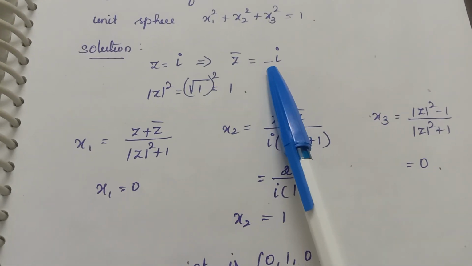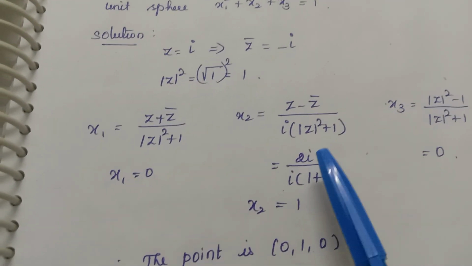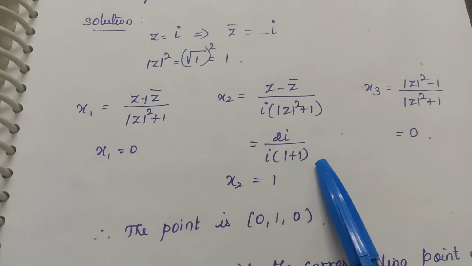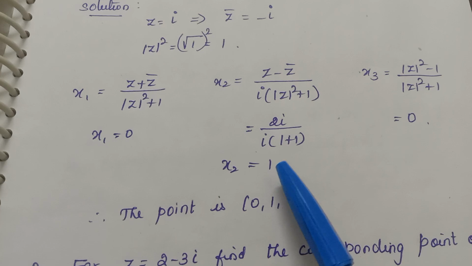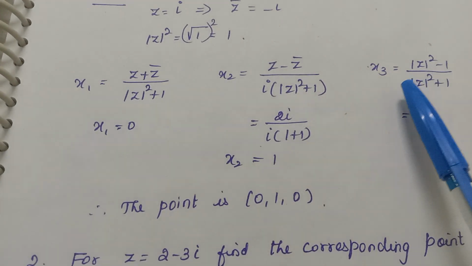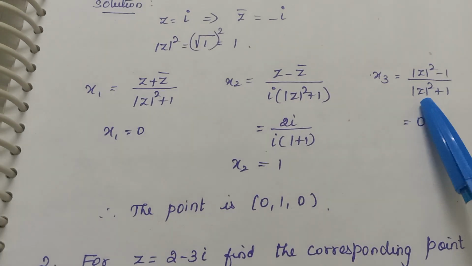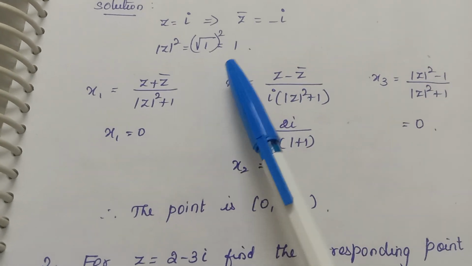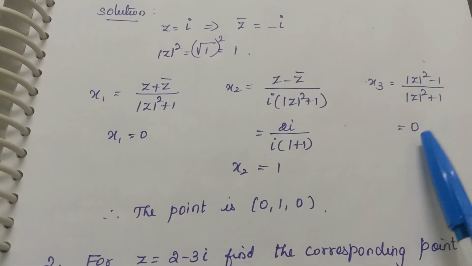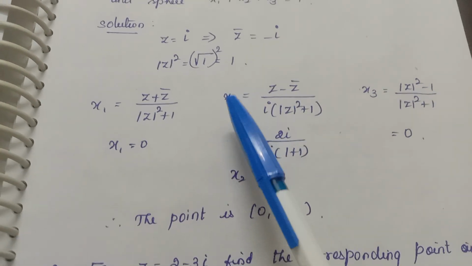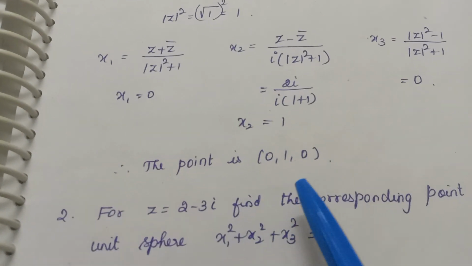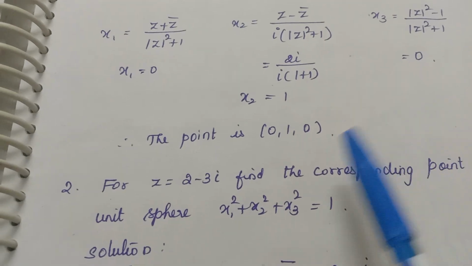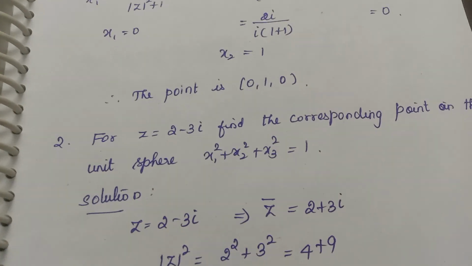So i minus of −i becomes 2i, divided by i times (1 + 1). The 2 gets cancelled and the i also gets cancelled, so x2 = 1. And x3 is (|z|² − 1)/(|z|² + 1). |z|² is 1, so 1 − 1 becomes 0. So the point corresponding to z = i is (0, 1, 0).